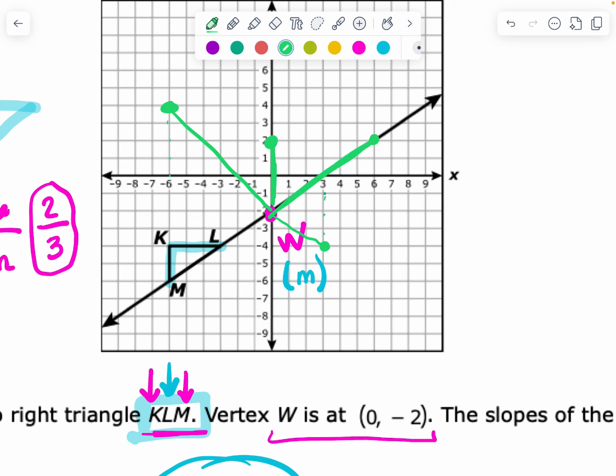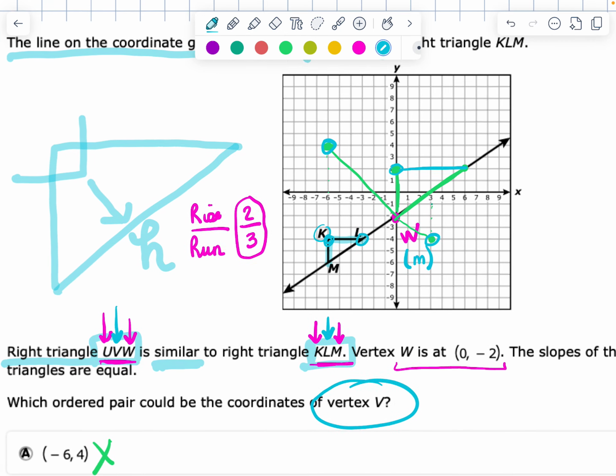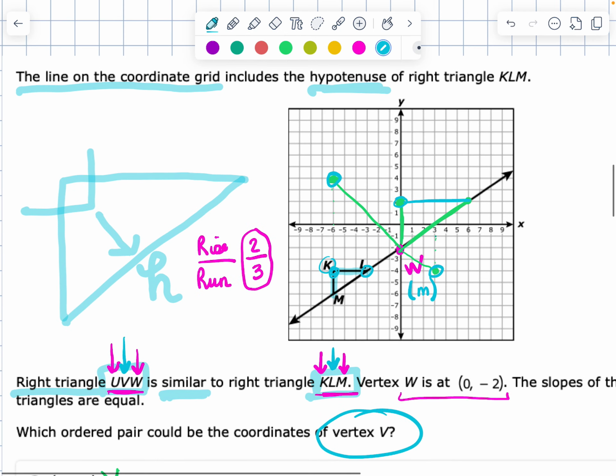And if you notice, this point here is actually K. So they are putting in information there that you might use, like this point K is a reflection of this point here over the x-axis, and then this point is a reflection of this one over the y-axis. Hopefully that makes sense and this helped, and I will see you in the next one.